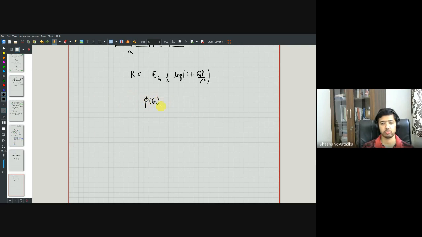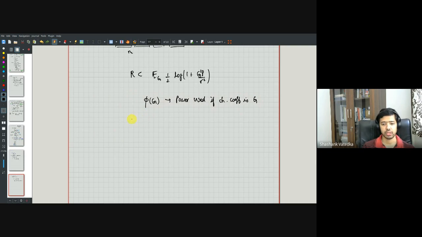This is the amount of power you will use in one coherence interval if the channel coefficient is g.